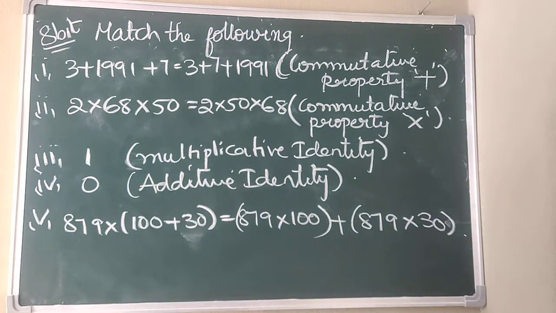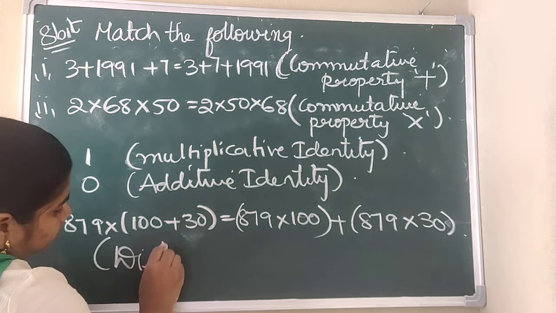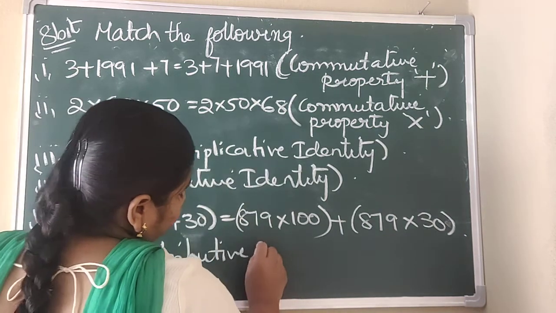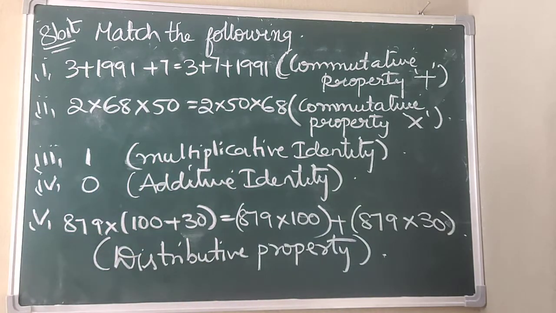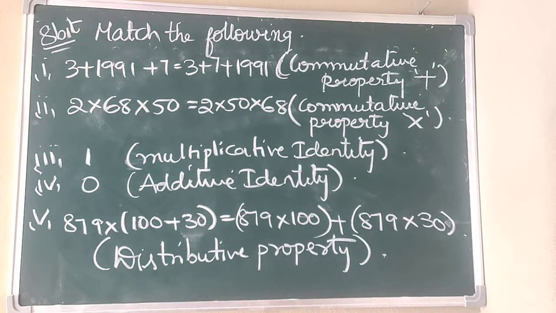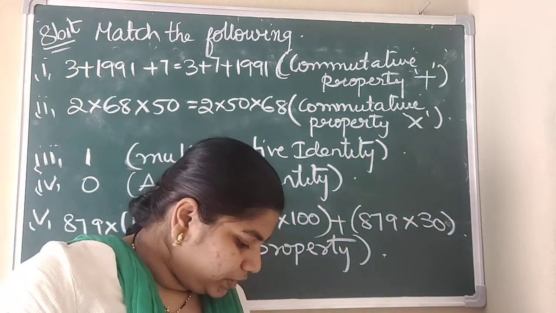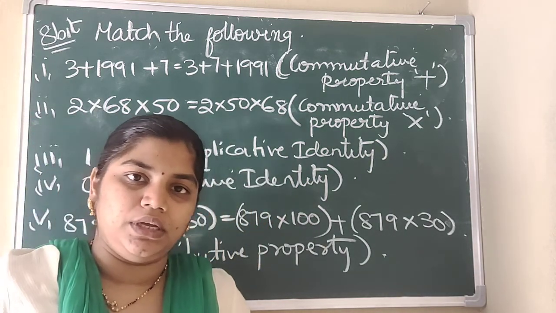Here we are seeing two different signs, so that is the distributive property. Okay, so this is our match the following. In the next class we will continue with the next exercise, the last exercise in this chapter, that is 2.3. Thank you.